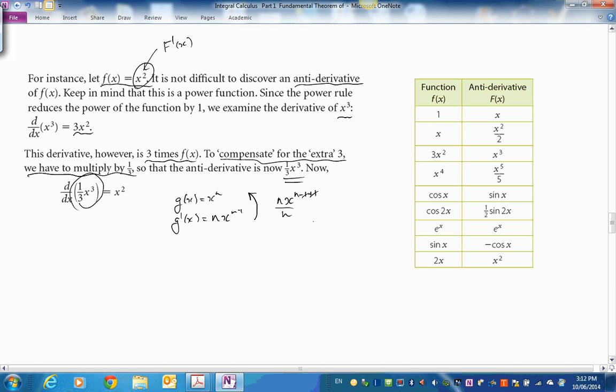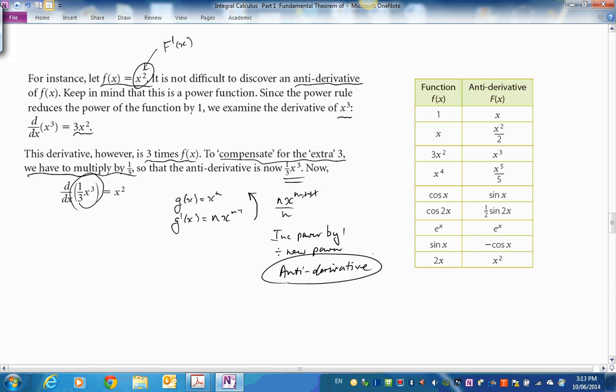That's how you'd get back, wouldn't it? Do the reverse steps. Increase the power instead of decreasing it, increase the power by 1, and divide by the new power, going backwards for the antiderivative. Because our area giving function is the antiderivative of the function itself.